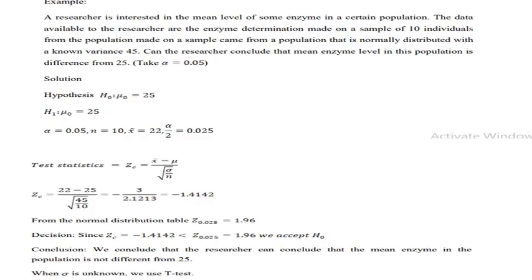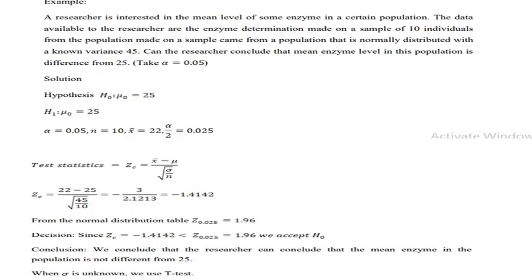The data available to the researcher are the enzyme determinations made on a sample of 10 individuals from the population. The sample came from a population that is normally distributed with variance sigma squared of 45. Can the researcher conclude that the mean enzyme level in the population is different from 25?